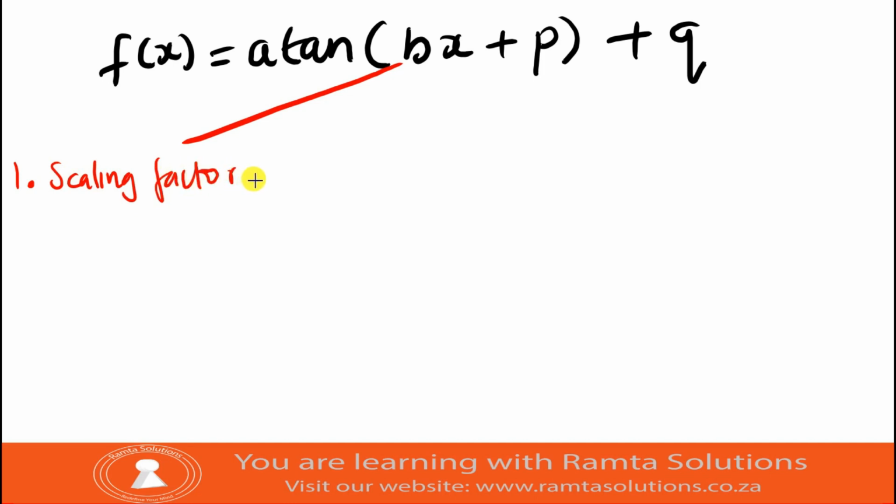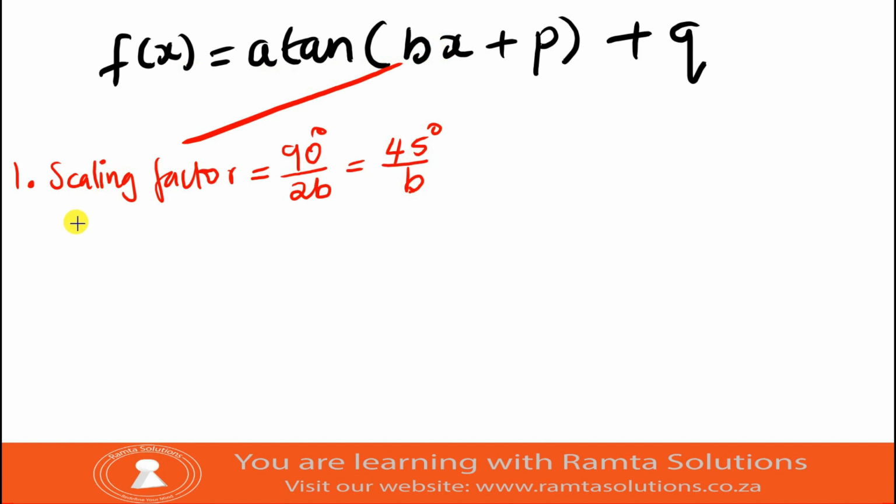Normally we say the scaling factor is 90 divided by 2b, but why not simplify it and say this is simply 45 degrees over b? It's easier to draw tangent graphs when you use the scaling factor.